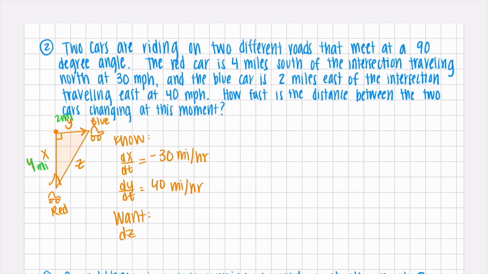So I want dz/dt at the moment when x equals 4 miles and y equals 2 miles. That's what we're solving for. So we're going to use the Pythagorean theorem. I want to relate x, y, and z. So x squared plus y squared equals z squared. I'm going to take the derivative with respect to t on both sides of the equation.